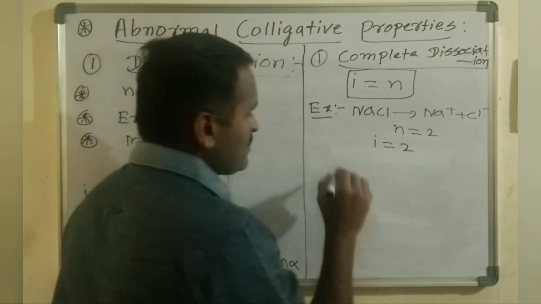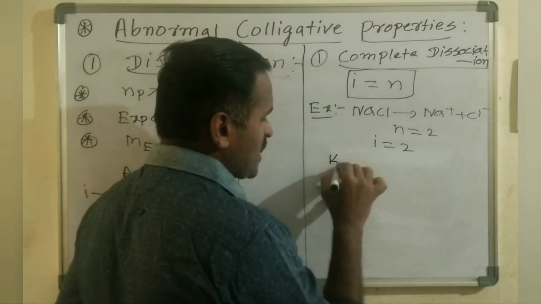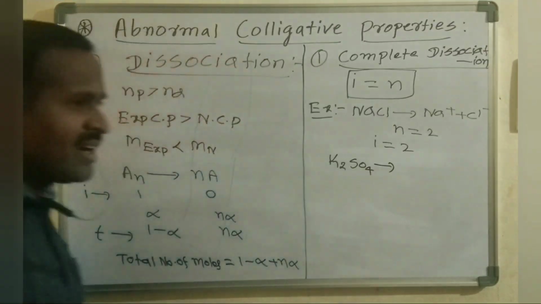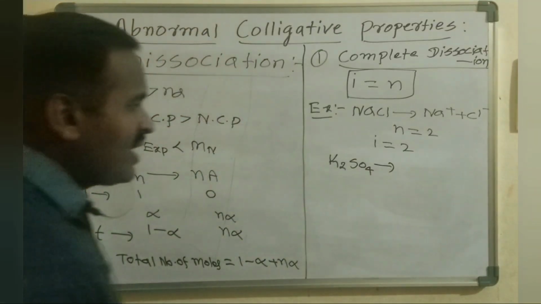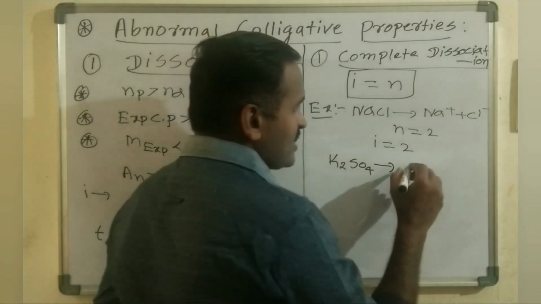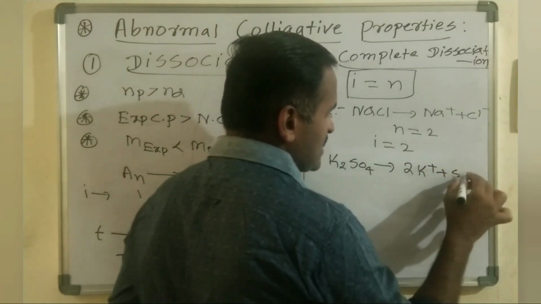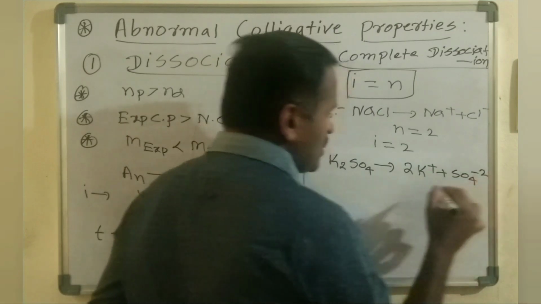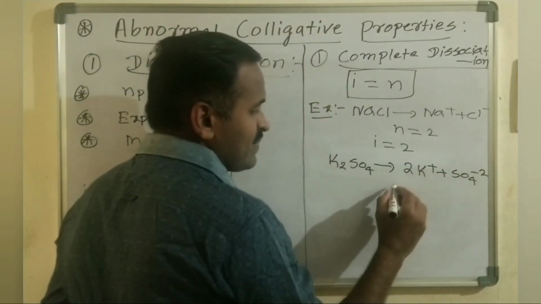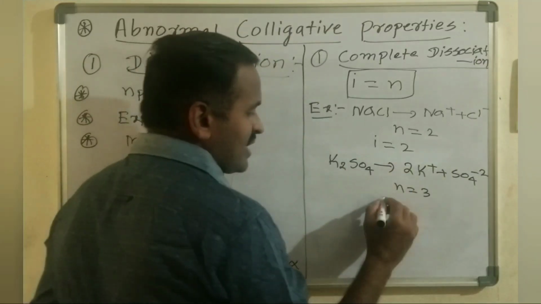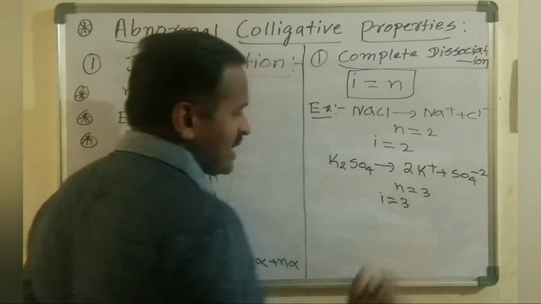Suppose I take potassium sulfate, K2SO4, a strong electrolyte and a salt of a strong acid and strong base. It dissociates into 2K plus and SO4 minus 2. So n is 2 plus 1, that is 3, and the Van't Hoff factor i is 3.